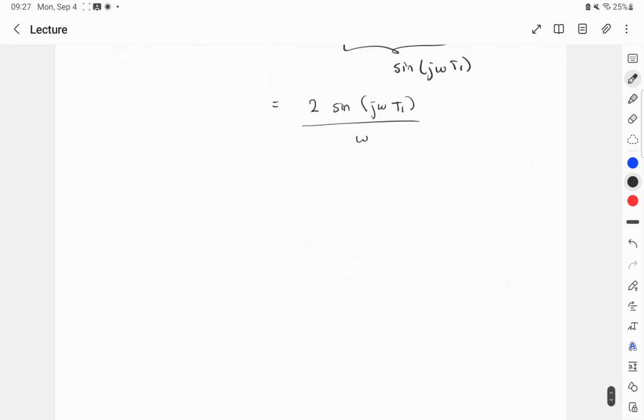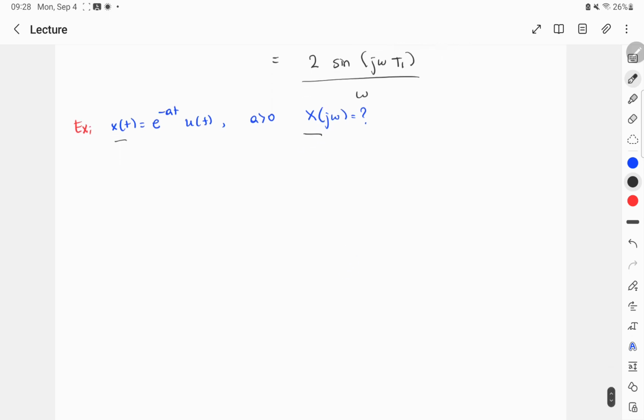Now let us try another example. This time it asks us about another function which has an exponential value. So as we can see, we have a function here, x of t, and we are asked to find its Fourier transform version.